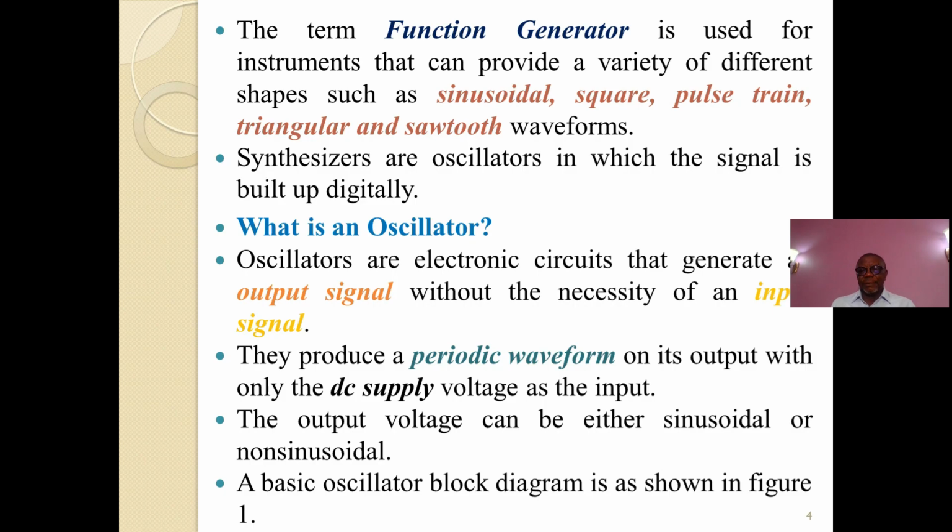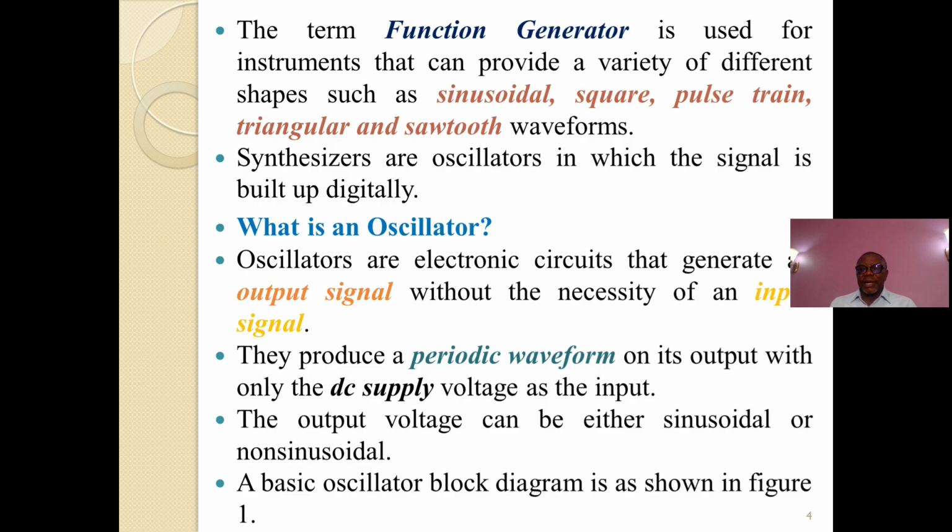It is very important that you note this: any electronic circuit that generates an output signal without the necessity of an input signal is an oscillator. They produce a periodic waveform on their output with only the DC supply voltage as the input.